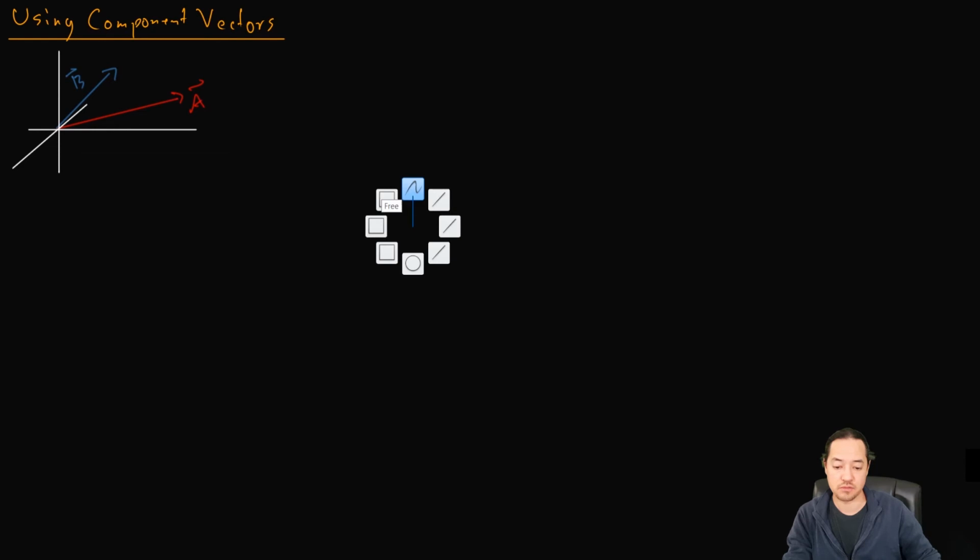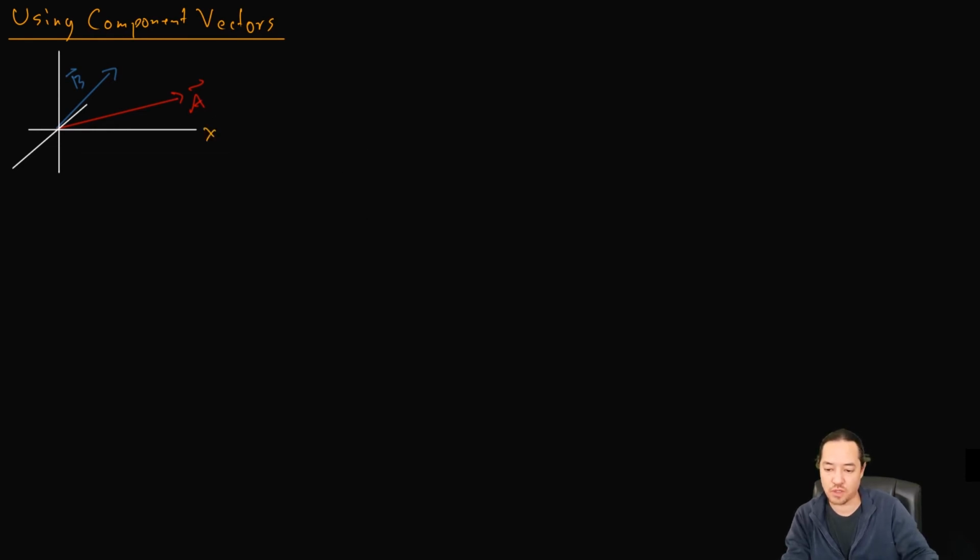So let's label these. We've got our x-axis, our y-axis, and our z-axis. Now I want to write down the general form for vector A and vector B in 3 dimensions. It's going to look something like this.